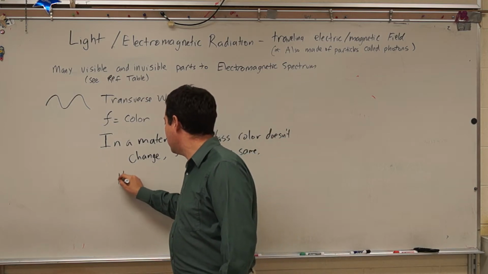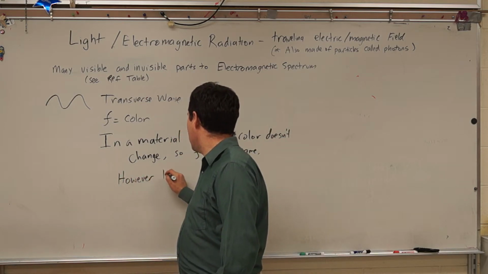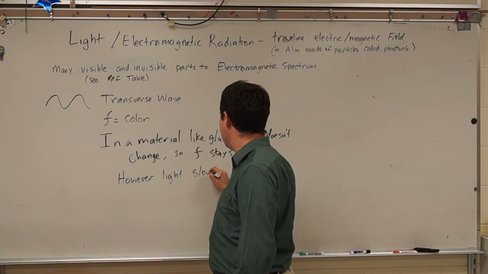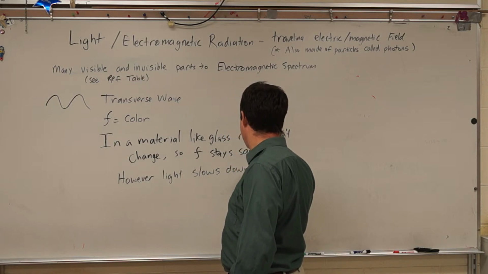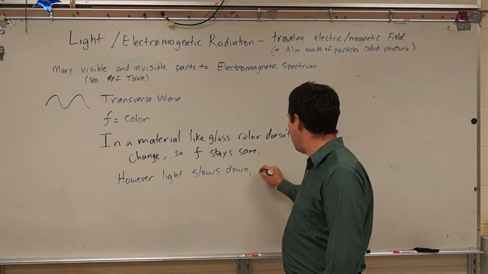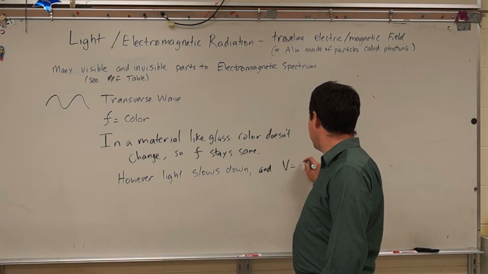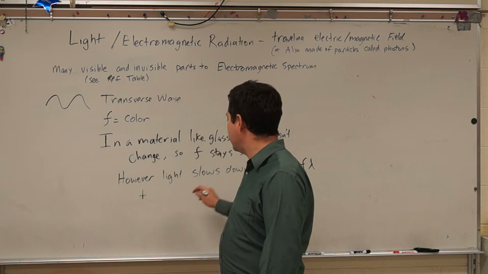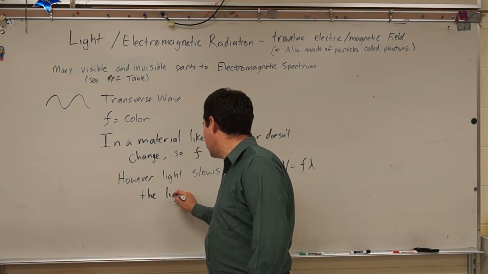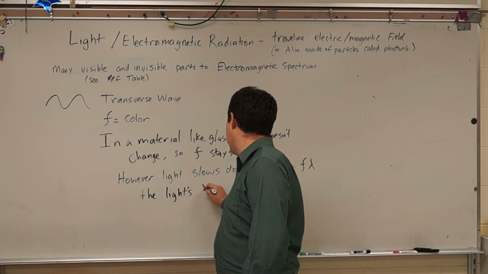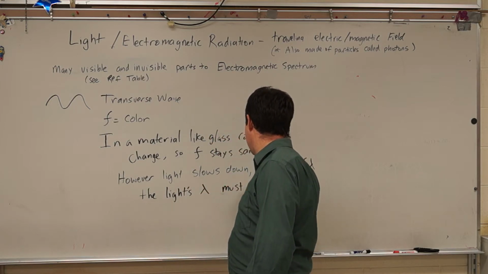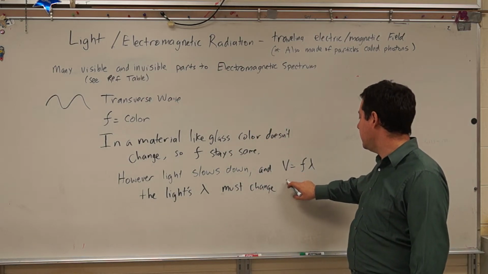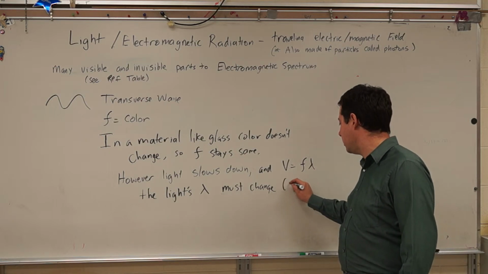However, the light does slow down, and we're going to get to this in a future video too. It slows down, and if it slows down and we know the speed of light is equal to frequency times wavelength, that means if the frequency stays the same, the light's wavelength has got to change, and it would have to decrease. So if the velocity decreases, the right side's also got to decrease as well.